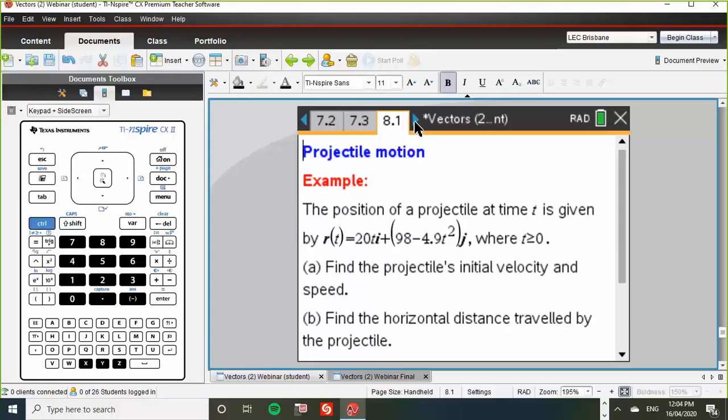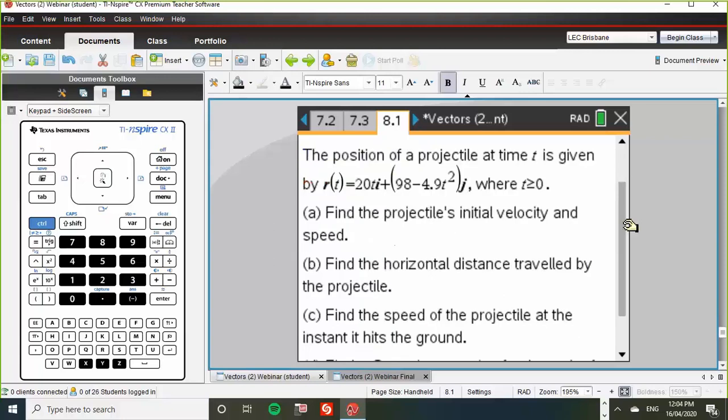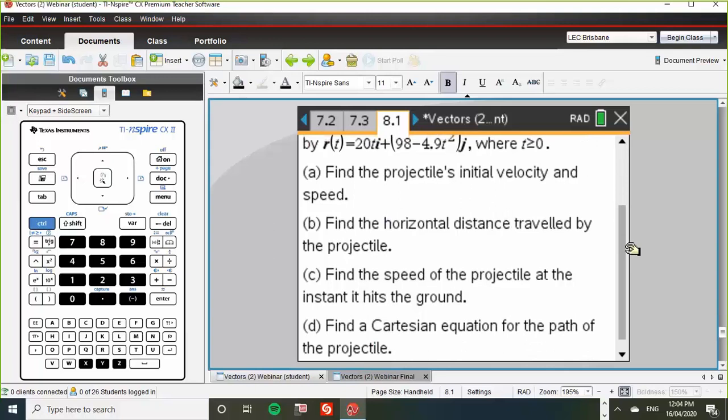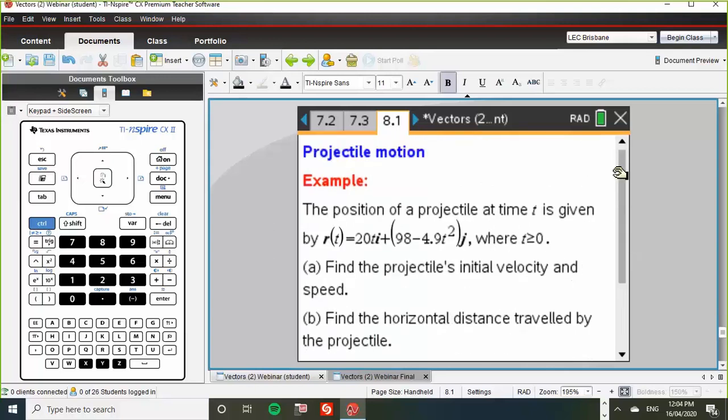So the parts of the question are: find the projectile's initial velocity and speed, find the horizontal distance travelled by the projectile, find the speed of the projectile at the instant it hits the ground, and find a Cartesian equation for the path of the projectile. What you'll become quite familiar with is that when you're talking about projectile motion in the absence of air resistance, the path of the particle will be an inverted, upside down parabola.